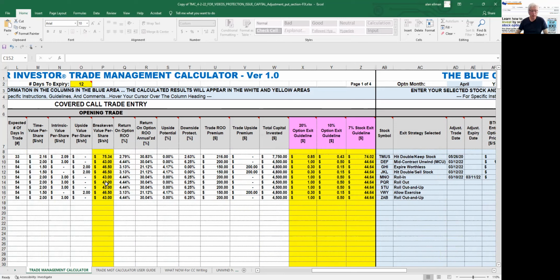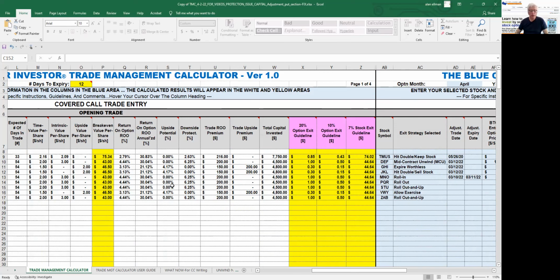We get our break-even price point, as well as the percent return on our option based on the amount of cash invested. And based on the number of days in the trade, it will also annualize that. So you have a perspective of the annualized return, so you're comparing apples to apples with other trades.